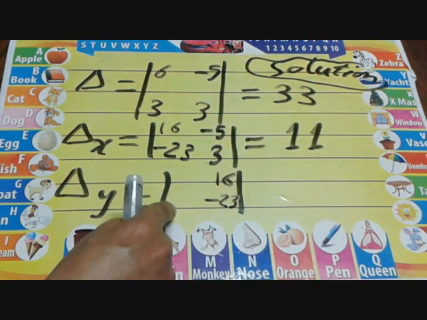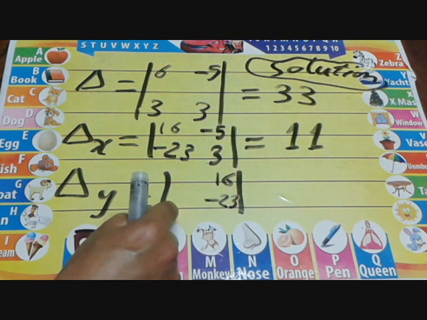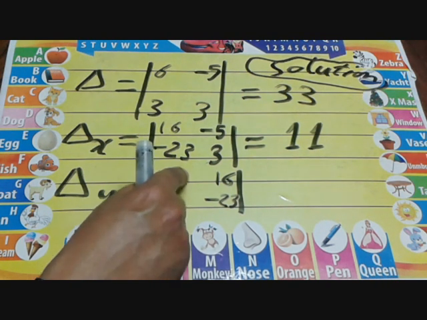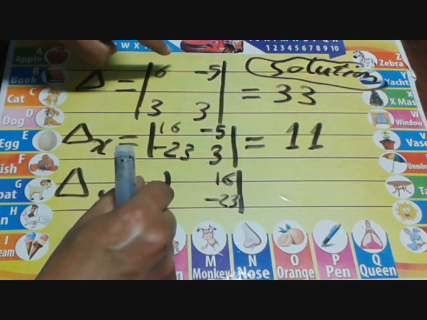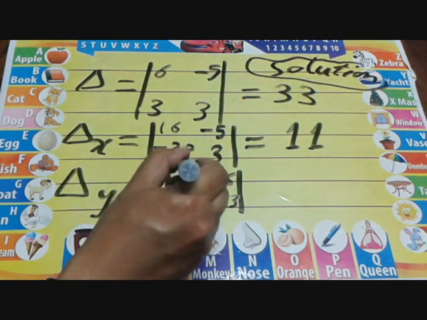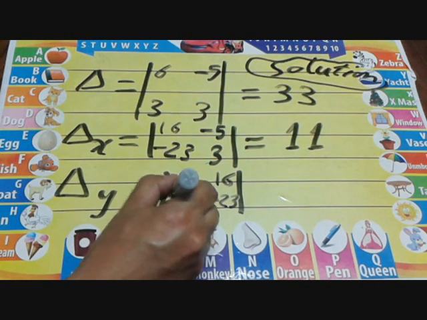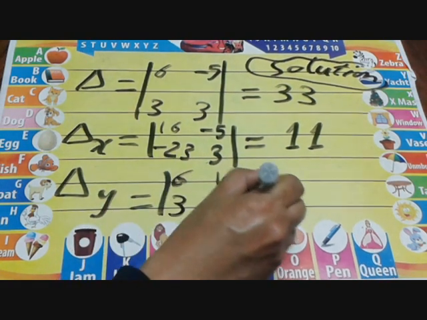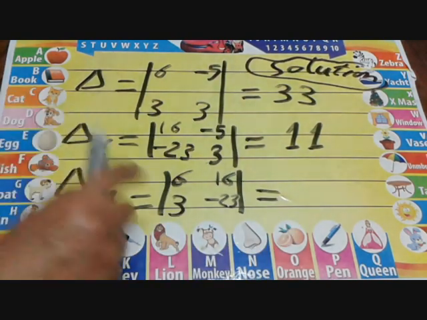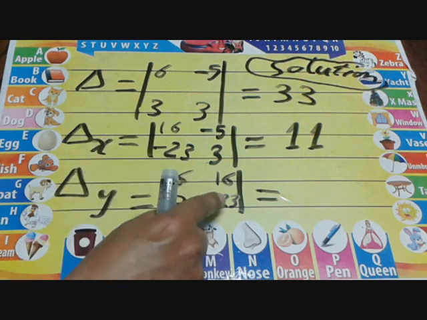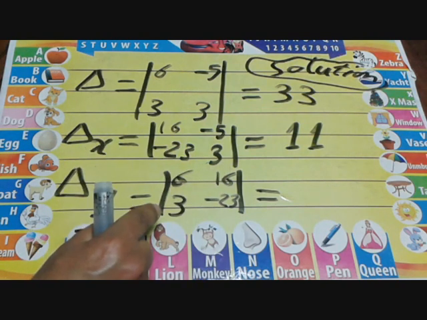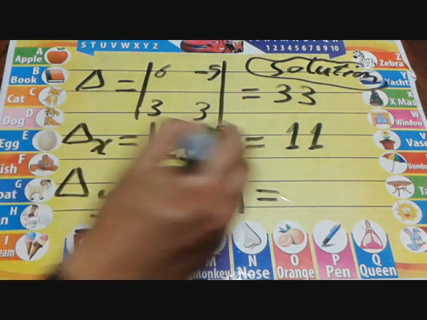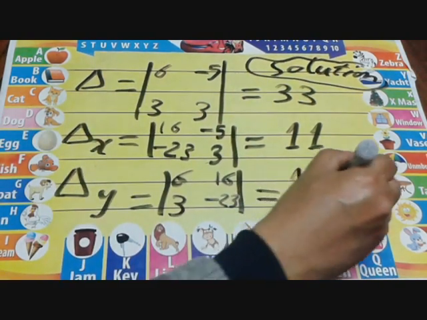And here I put the coefficients of x, 6 and 3, as they are. Now, what is the value of this determinant? This times this minus this times this equals 165.